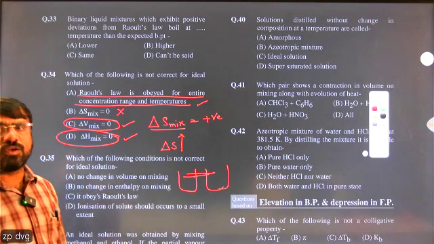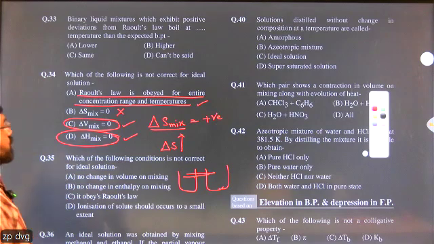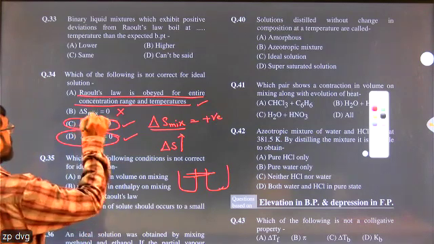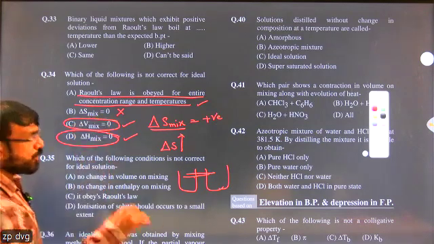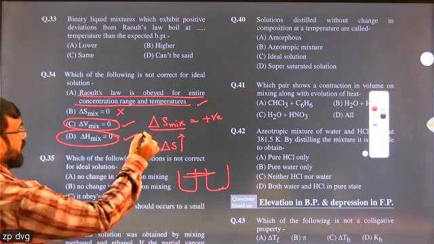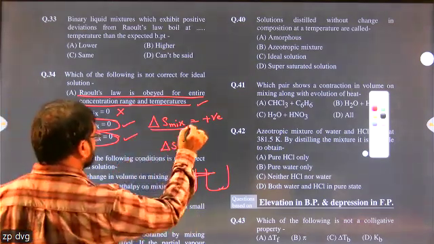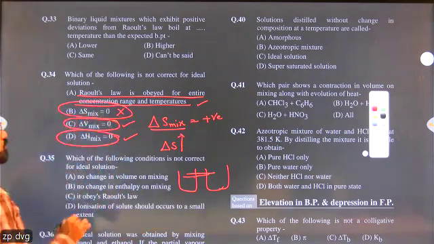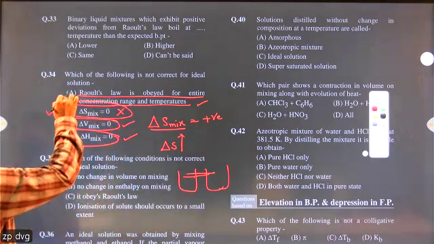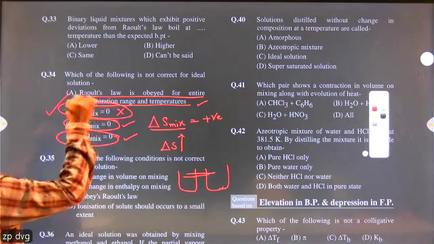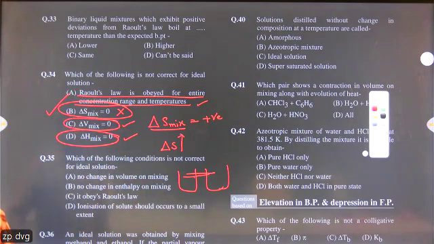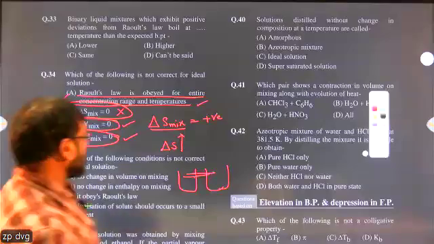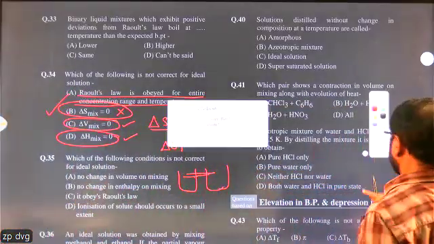Delta S mix is not equal to 0, but here they have given delta S mix equal to 0. So the correct option is that delta S mix is positive. Therefore, option B is not correct.